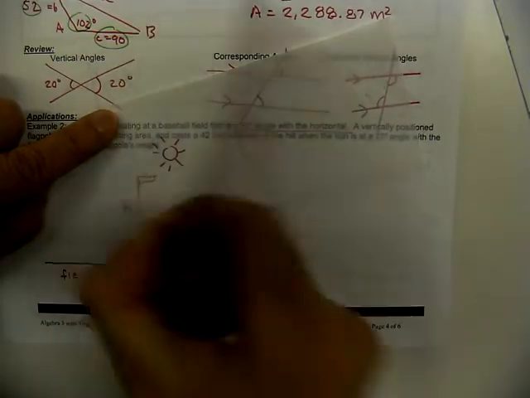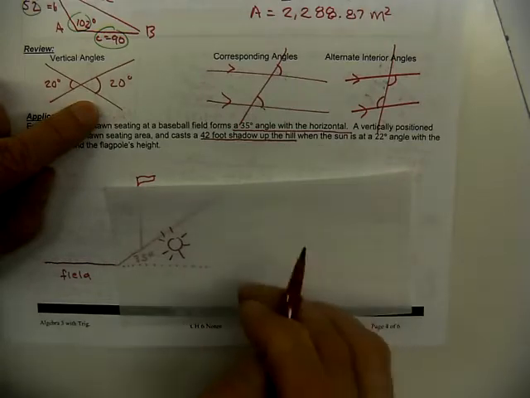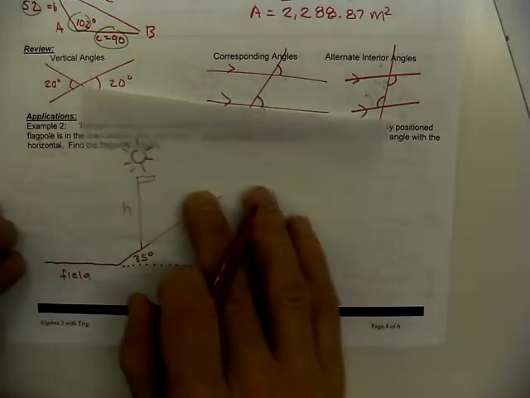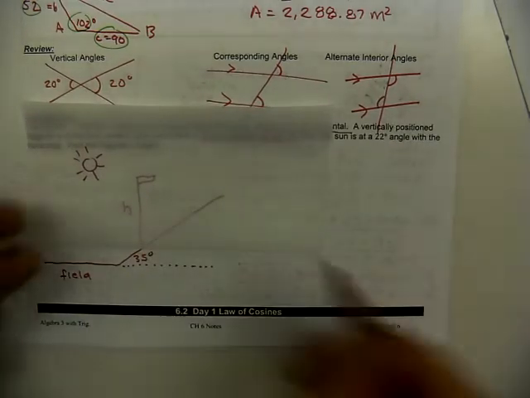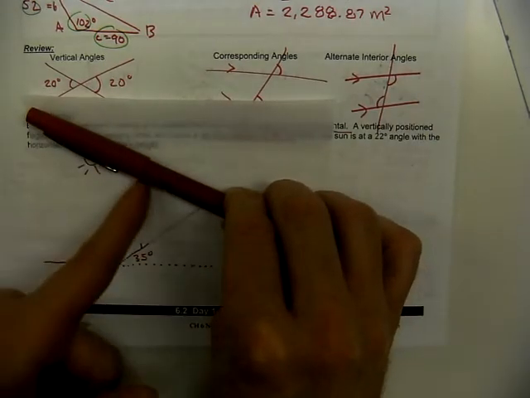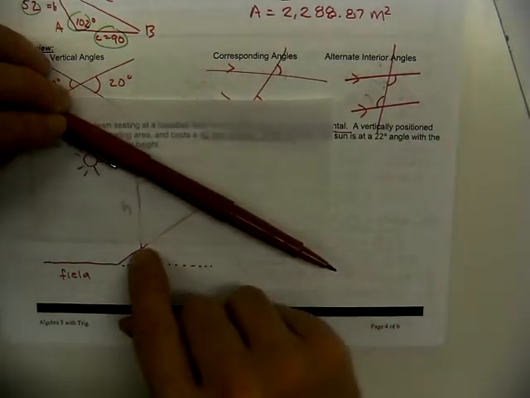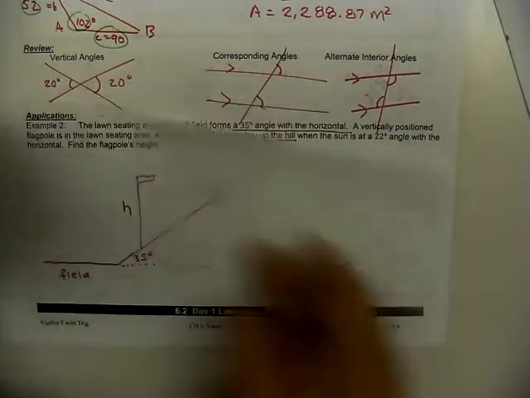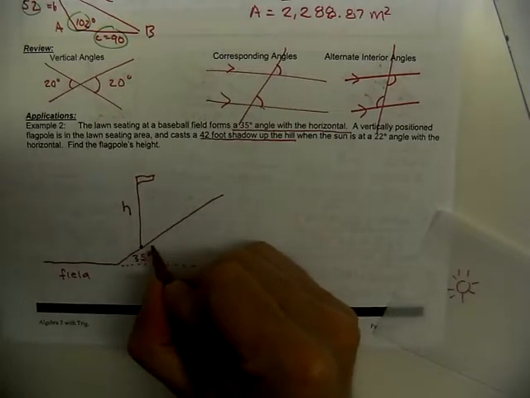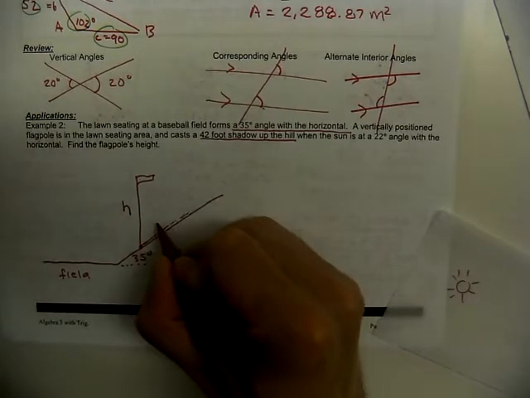And we don't want that because it says we want this 42-foot shadow to go up the hill. So that means our sun has to be positioned here on the left-hand side so that when it hits the tip of the flagpole, that beam of light is casting a shadow. The shadow will go here, and that will be going up the hill. So by up the hill, we mean from the base of the flagpole and up. So there's your 42-foot shadow.